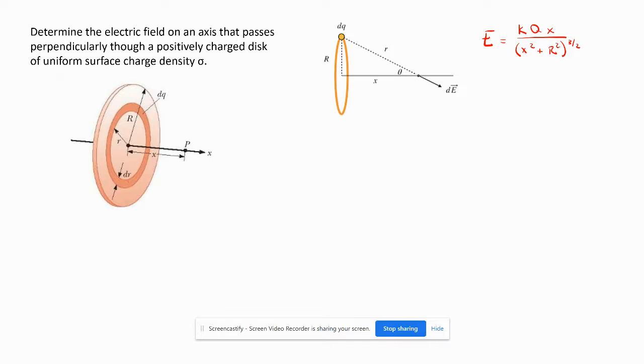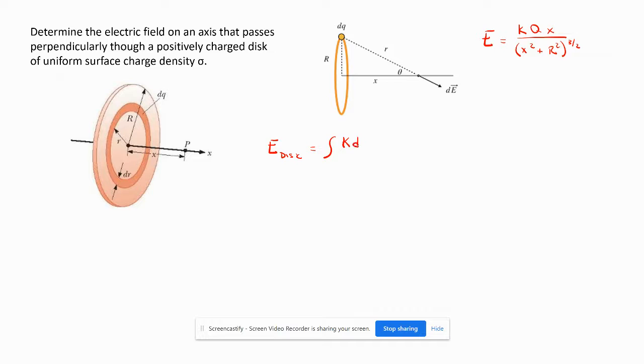Now, what makes this problem a little bit difficult is that as the rings get bigger, the area covered by those rings gets larger, and so they contain more charge. So the dq is constantly changing. For the setup for this problem, to find the electric field from the disk, we're going to integrate all the little electric fields from the rings.